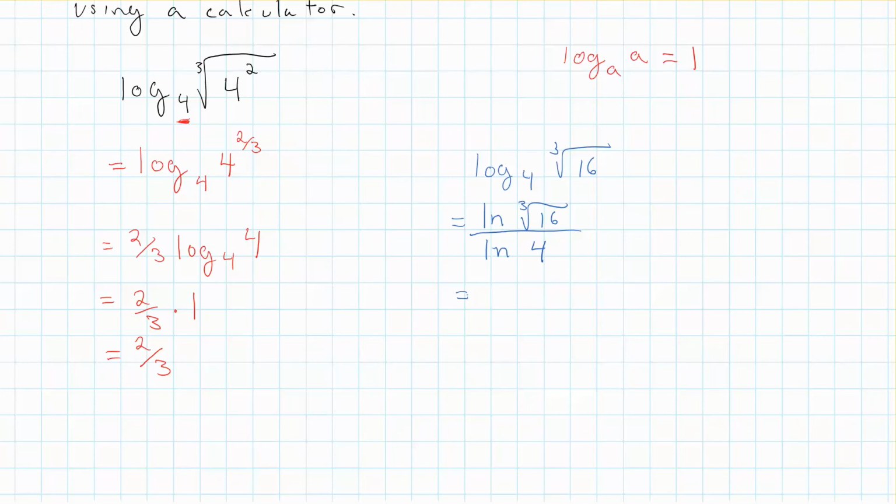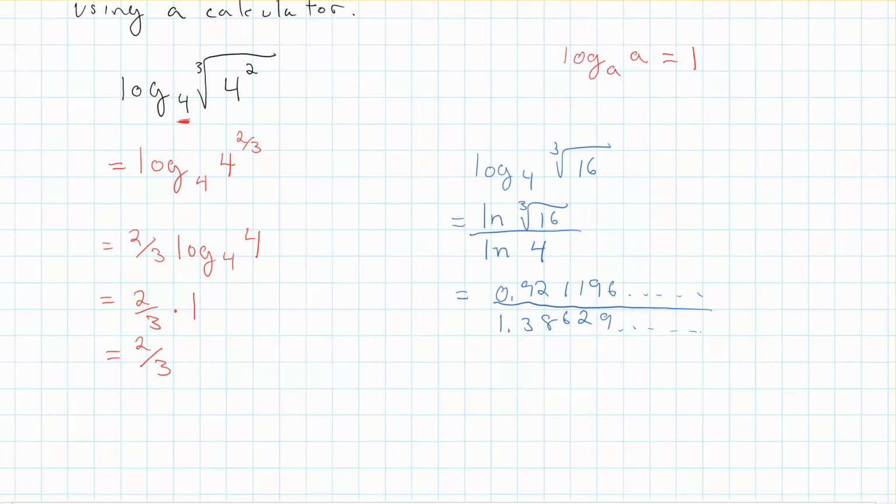But what we'd have here for the first one is 0.924196 going on forever, divided by 1.38629 going on forever.